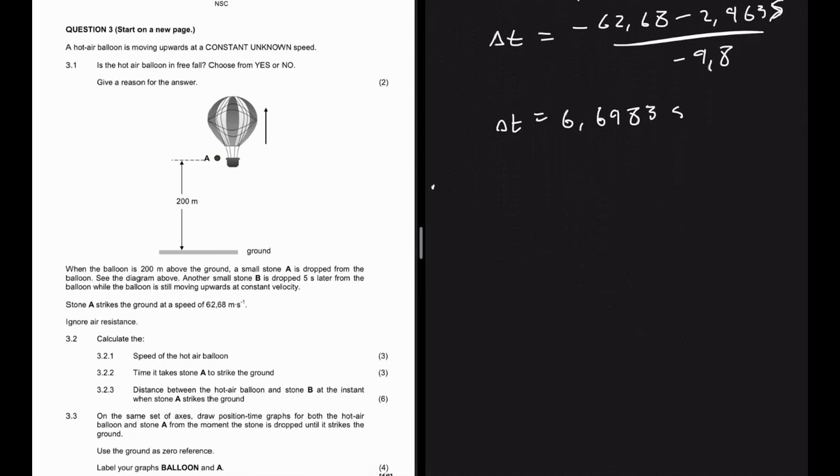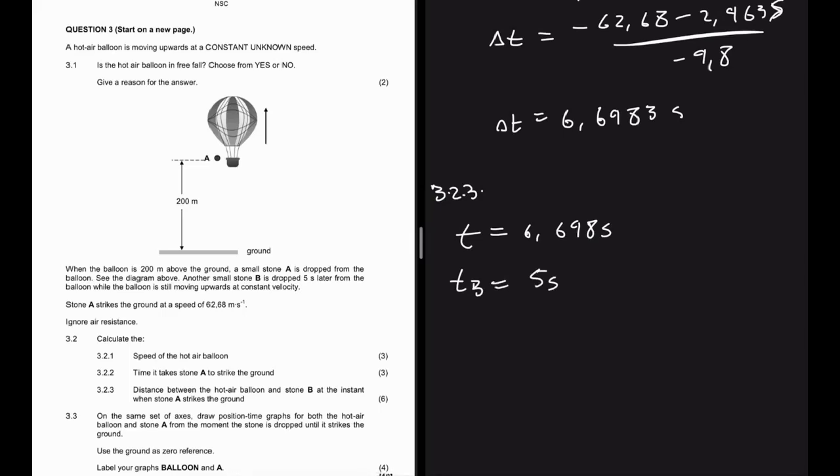So we can move to 3.2.3, I'm sorry. So the question says distance between the hot air balloon and stone B at the instant when stone A strikes the ground. So stone A strikes the ground at t equals 6.6983 seconds, and then stone B is dropped 5 seconds later after stone A is dropped.